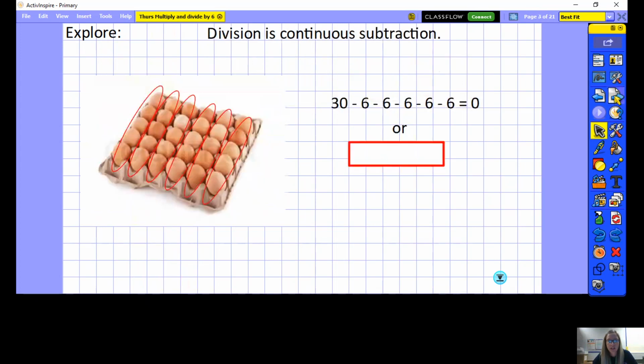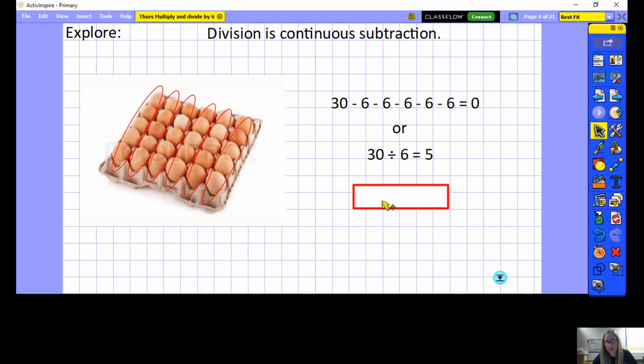Division is like continuous subtraction. So here we can do 30, take away 6, take away 6, take away 6, take away 6, take away 6 equals 0, or we can think about how many sixes have we taken away there. We've taken away 1, 2, 3, 4, 5 sixes, 5 sixes there.